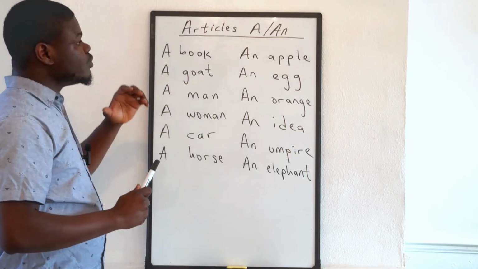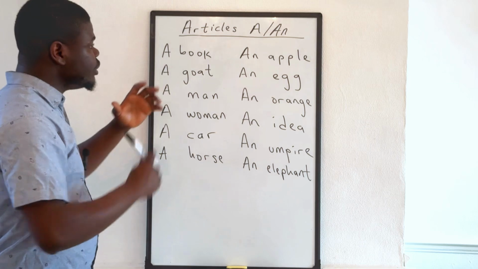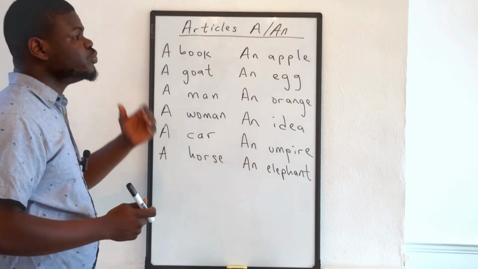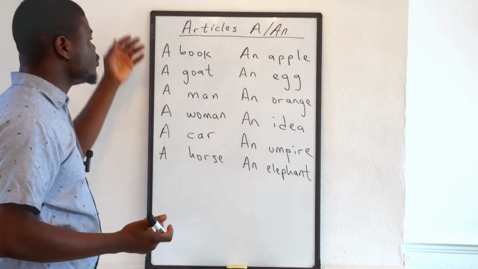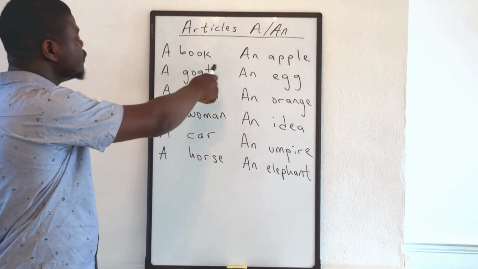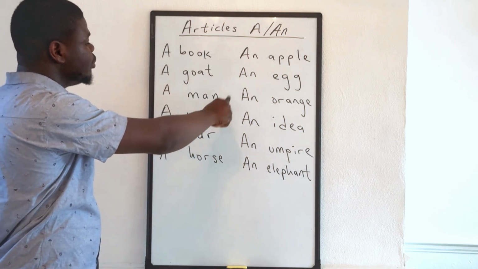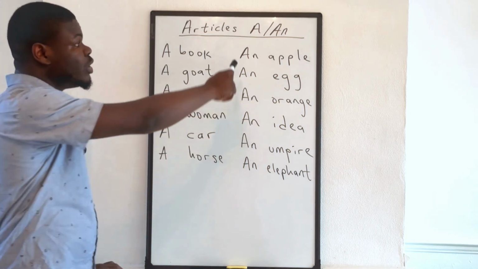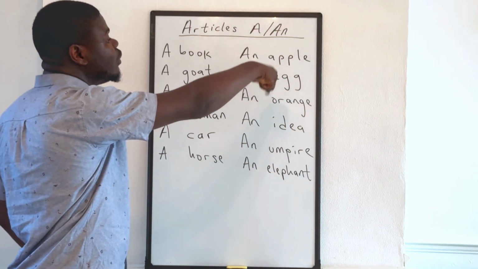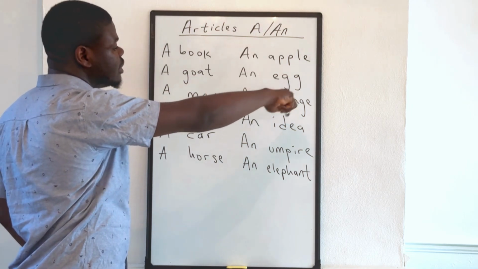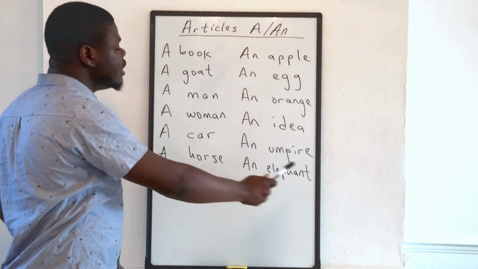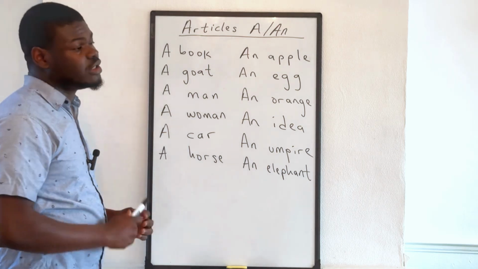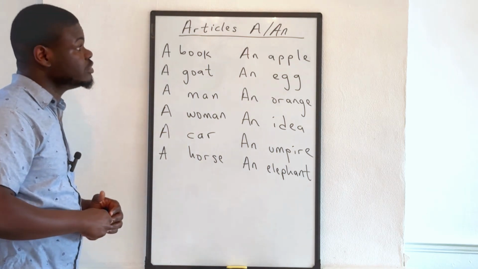So we'll go forward with which rule supports which of these you should use and why we have used a for book, goat, man, woman, car, horse, and why we've used an for apple, egg, orange, idea, umpire, and elephant. So sit tight and let's continue learning together.